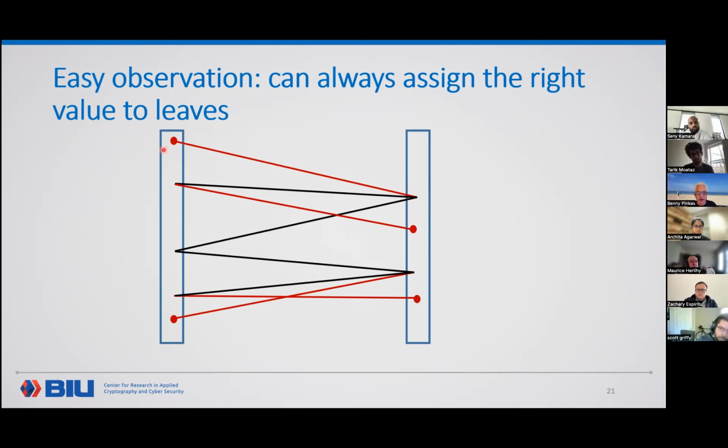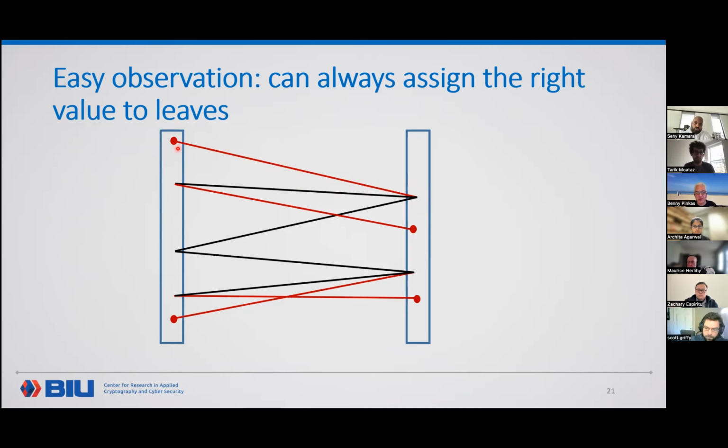For this node, we didn't have any other constraint, so it's still free. We already have a value here, so we need to set this value so that it satisfies this constraint. That's easy because we have one constraint on one node. So basically, all leaves we can handle at the end of the process.